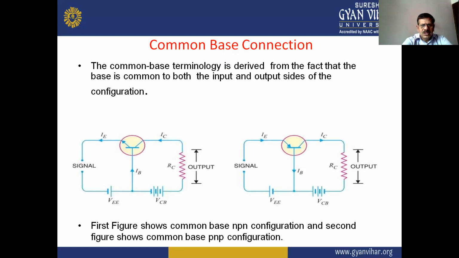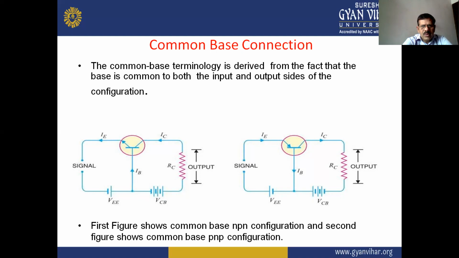So this is the circuit diagram of the common base connection. In these two circuit diagrams, one is for the NPN transistor and the second is for the PNP transistor. We see in both circuit diagrams that the base is common between input and output.